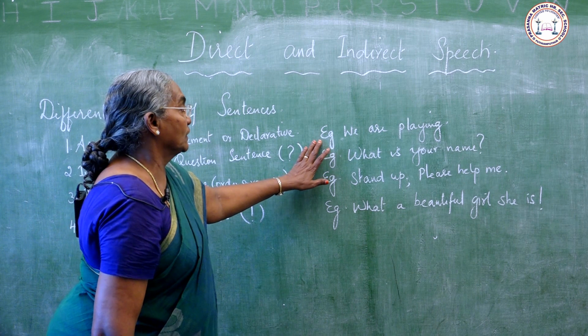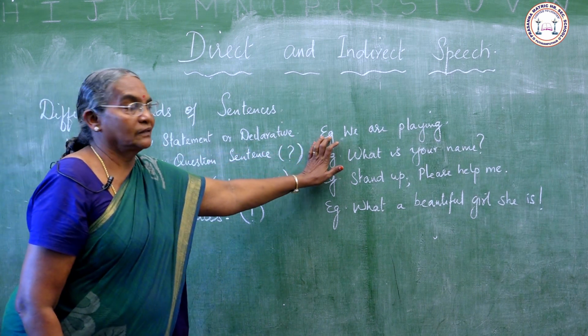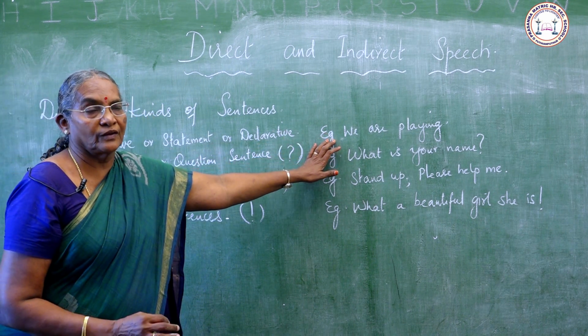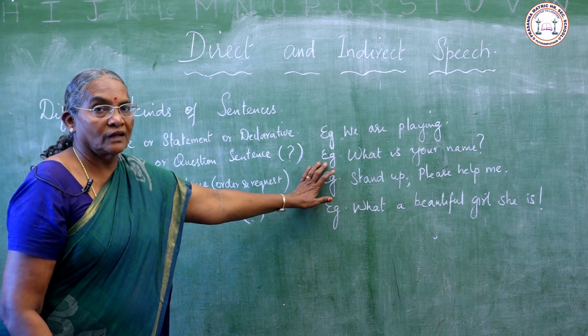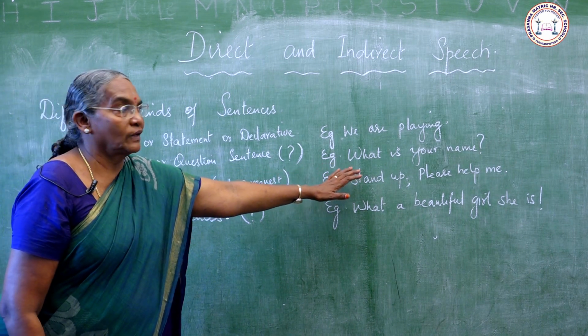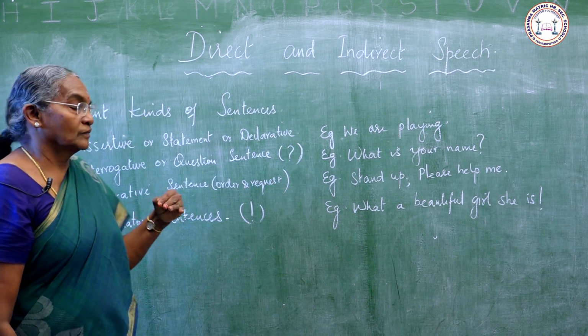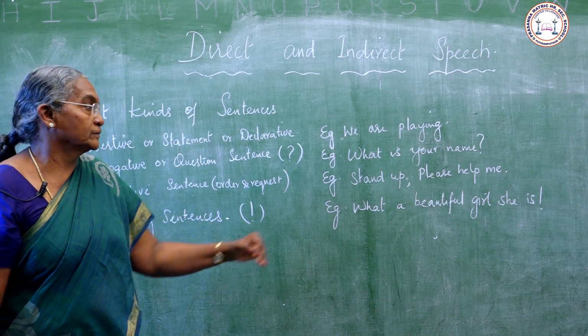Then I shall give you some example for each kind of sentence. Assertive: we are playing. It gives some information. Interrogative, it asks questions: What is your name? Next, imperative, it gives some commands or order or request.